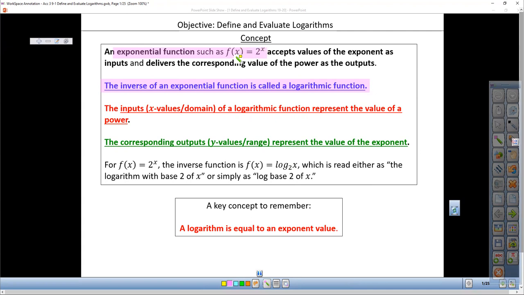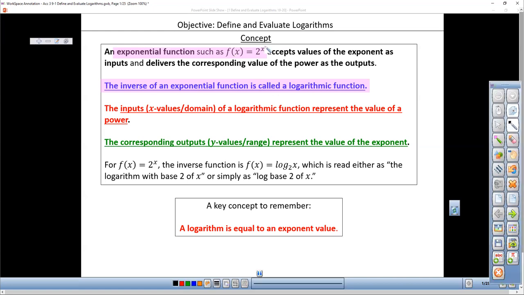And then the y value is the value of the power 2 to the x. So if x is 1, then the y would be 2, the value of that whole power, 2 to the first power.